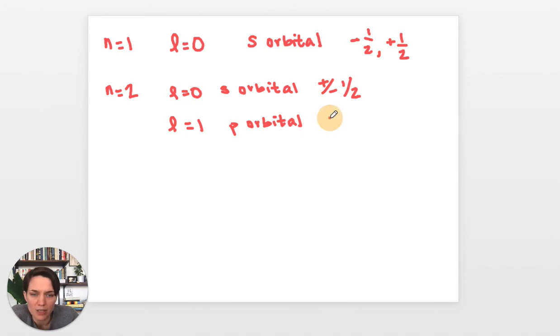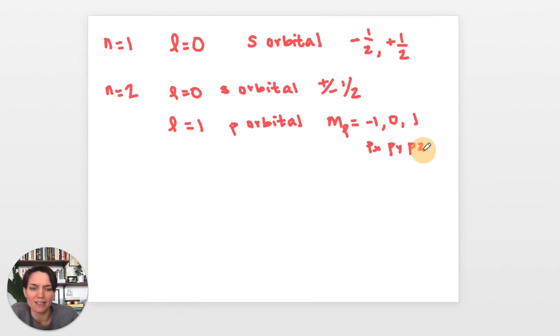My options for m sub L are negative 1, 0, and 1, corresponding to my px, py, and pz lobes of my p orbital. Within each one of those, I can have an m sub s of plus or minus 1/2.